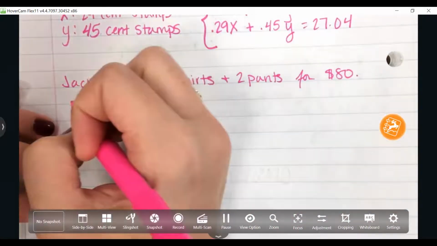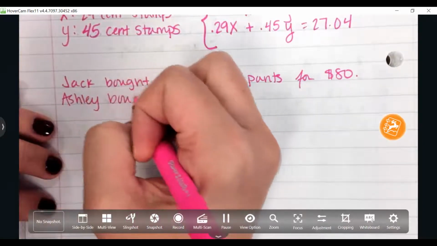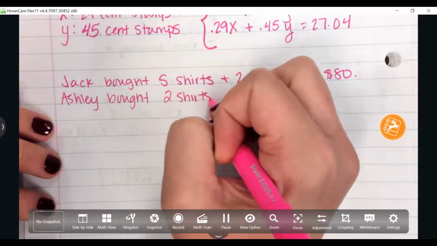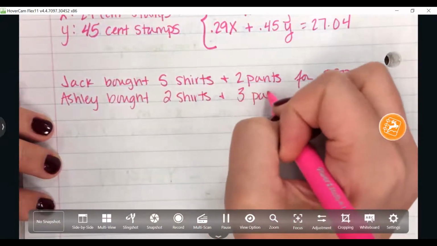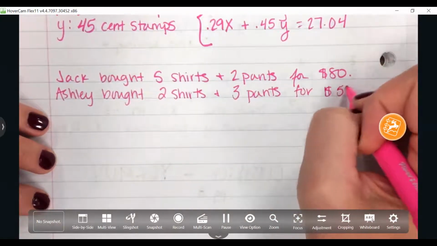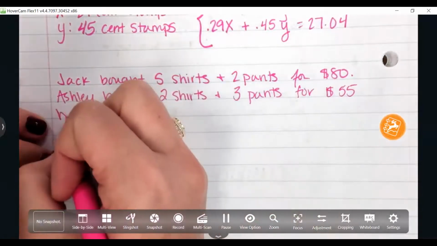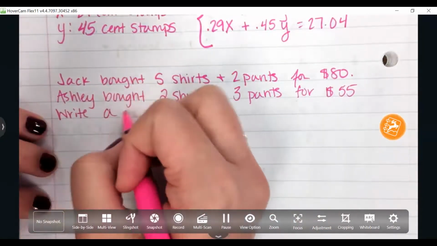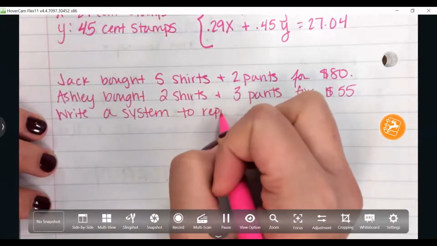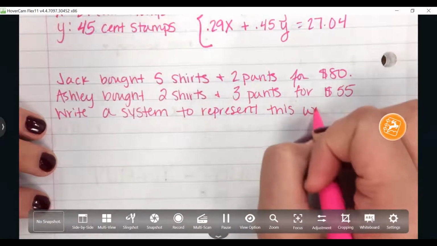Ashley bought 2 shirts and 3 pants for $55. I need to write a system to represent this word problem.